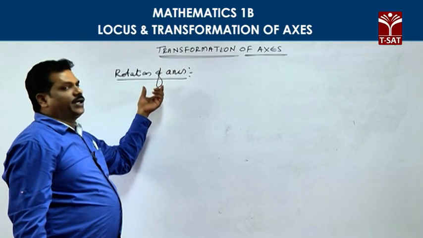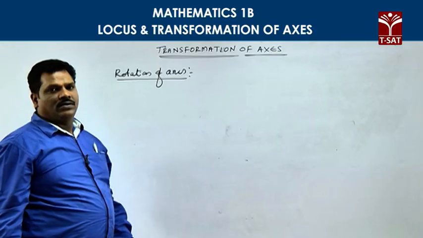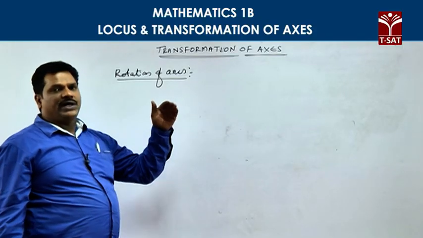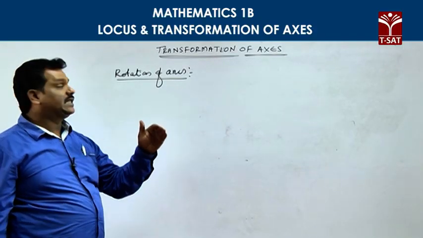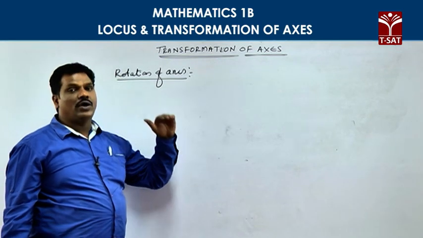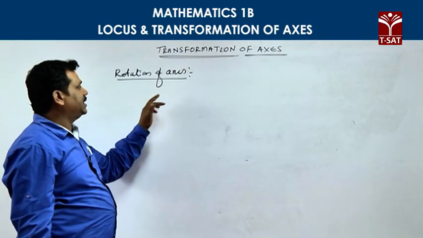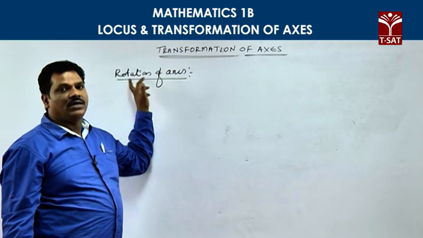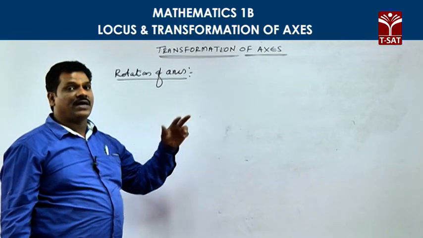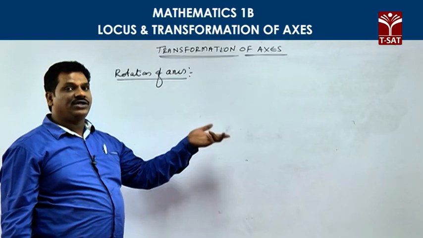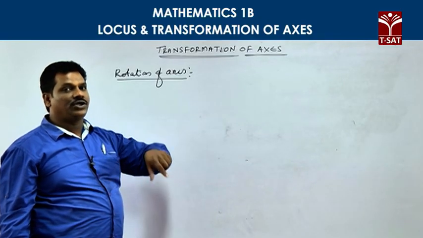The axes are rotated through an angle θ without changing the position of the origin. That transformation is called rotation of axes. First, translation of axes is when the origin is shifted to another point without changing the direction of the axes.